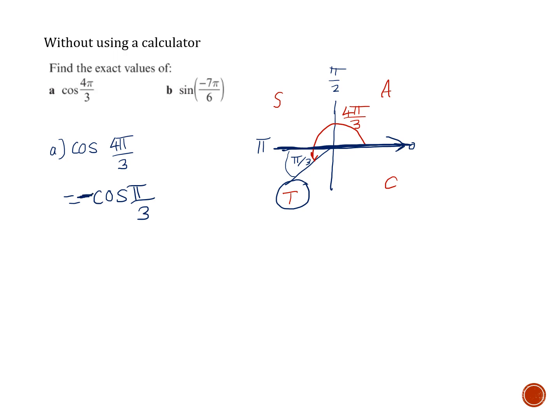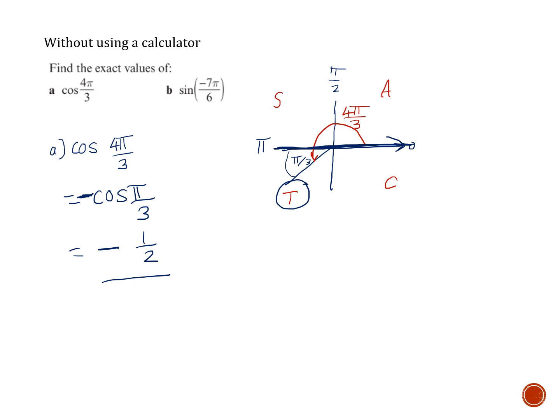So this is what they want you to do for these questions: draw your CAST diagram, work out the quadrant, and work out the corresponding common value that we did on the last table. So it's going to be minus whatever the value of cos pi by 3 is. Refer back to your table, and that's going to give you minus a half.